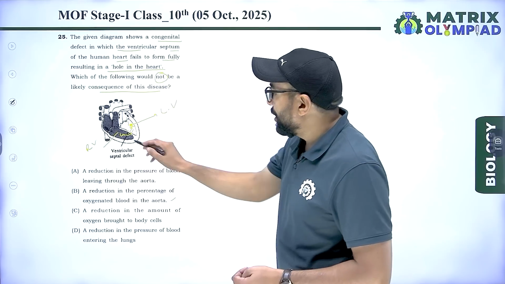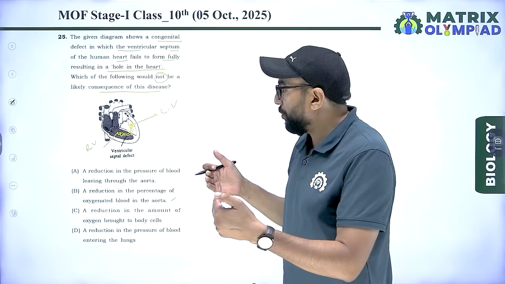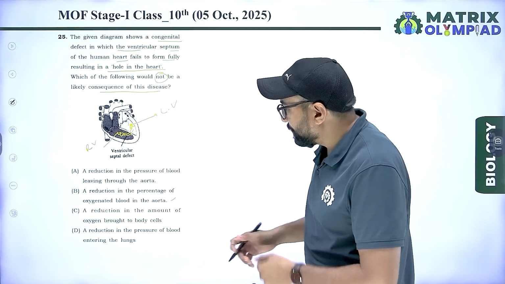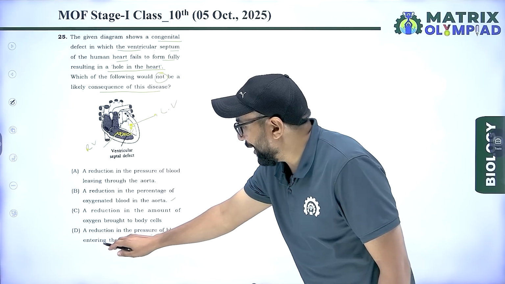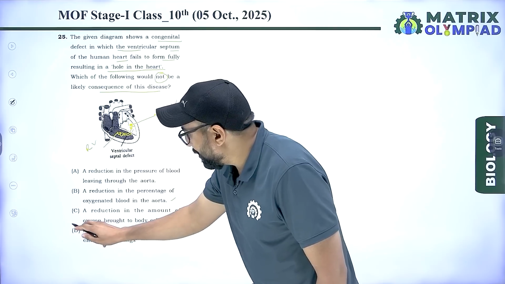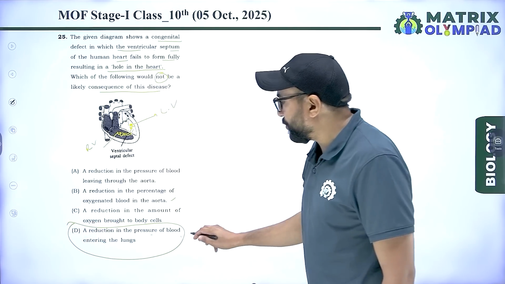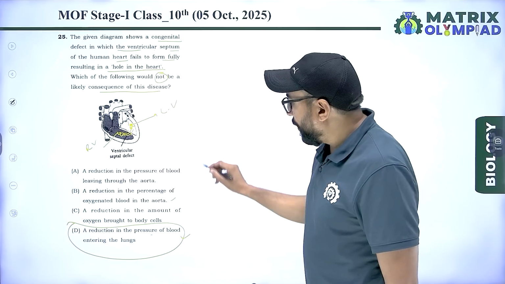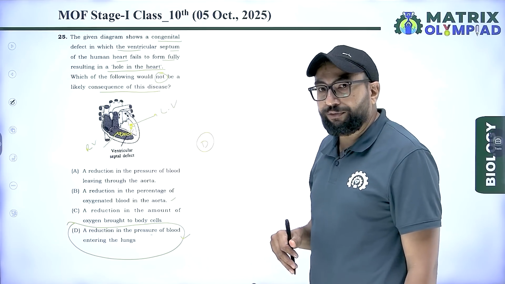Right, because deoxygenated blood mixes in the ventricular part. A reduction in the pressure of blood entering the lungs? No, because in this case pressure is increased, not reduced. So option D is the correct answer for 25th.